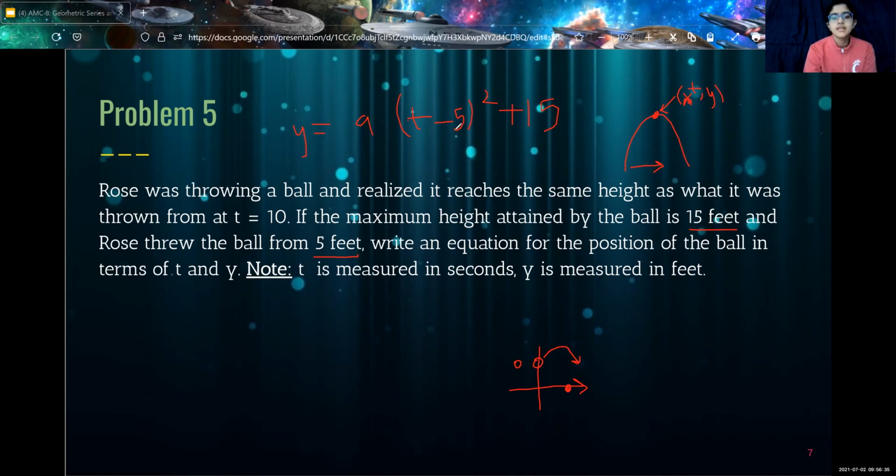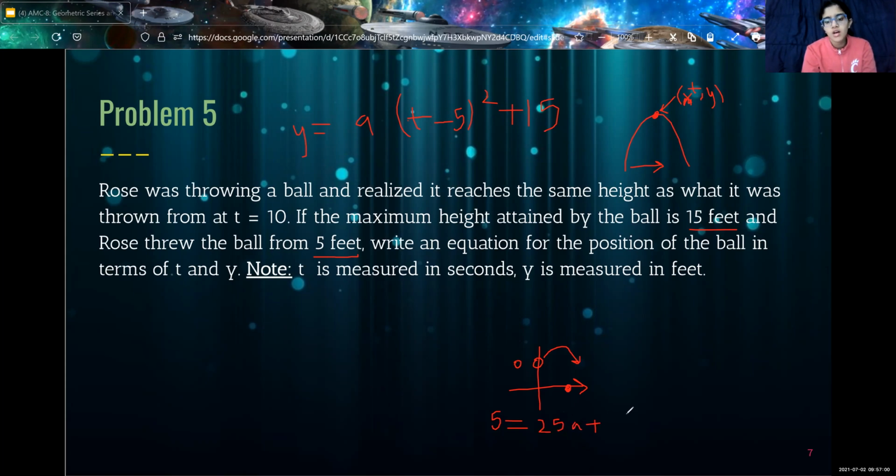So we can plug in 0, 5 to get a. So 5 is the y and t is the 0, right? So we get 5 is equal to 25a plus 15, right?